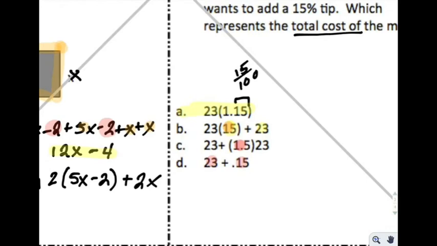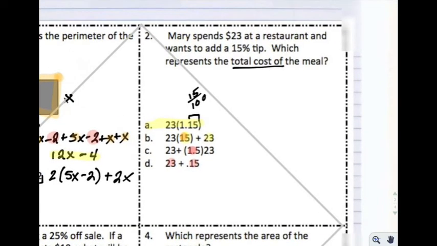And you can test out this theory yourself and think, okay, so if I paid $23 for a meal and I wanted to leave a 15% tip, a 10% tip would be, right? If I move my decimal place one place to the left, I would have a 10%, which would be $2.30.